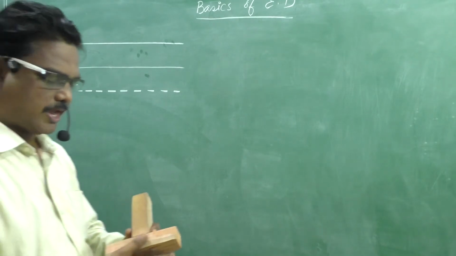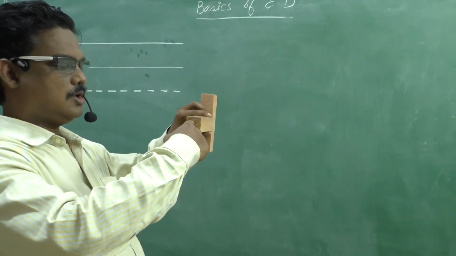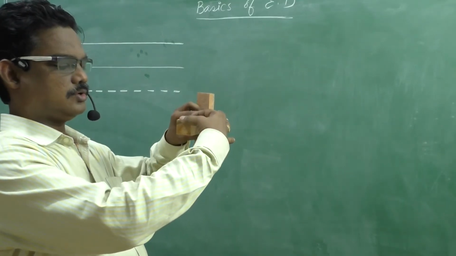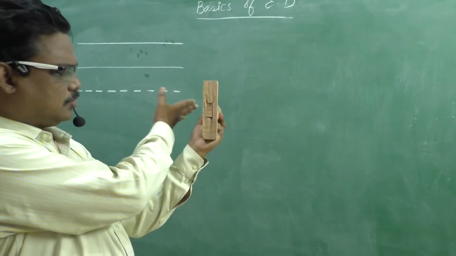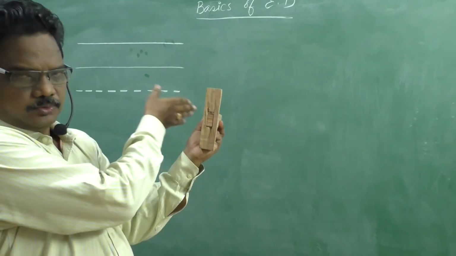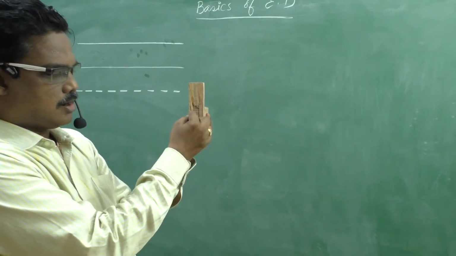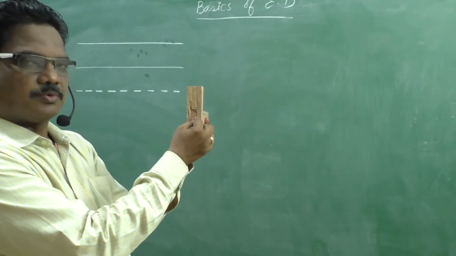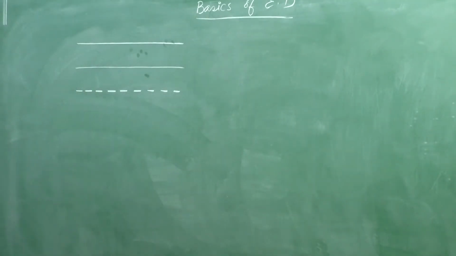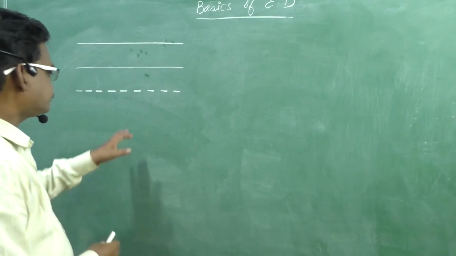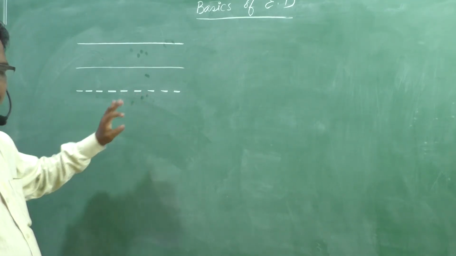Suppose, assume that this is wood having a hole here to here. If we see the same thing in this direction, that hole is not visible, but that hole is there. That is the reason we need to show a dotted circle in the front portion. That means hidden lines, invisible lines, are represented with the help of dashed line or dotted line.